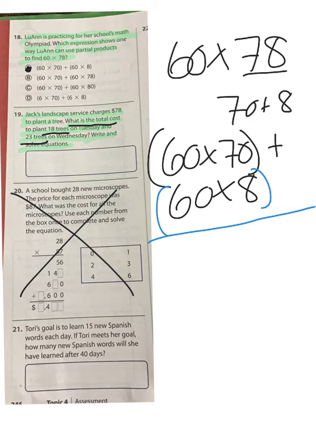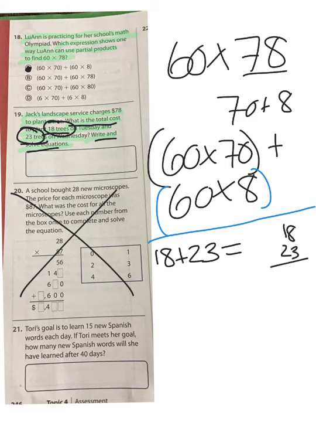And we also need to write equations. So if I know we have 18 on Tuesday and 23 on Wednesday, I'm going to write 18 plus 23 equals as one of the equations. You can do it on the side to show your computation. Add your ones place. 8 plus 3 is 11. 2 plus 1 is 3, plus 1 more is 4. So they're going to plant a total of 41 trees.